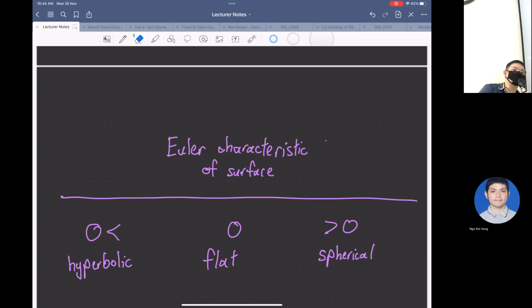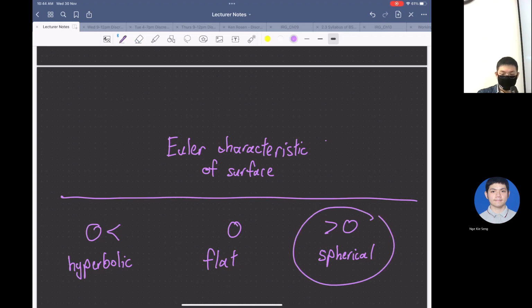Depending on the gravity, the surface that appears in the universe will be one of these. Why is it called spherical?